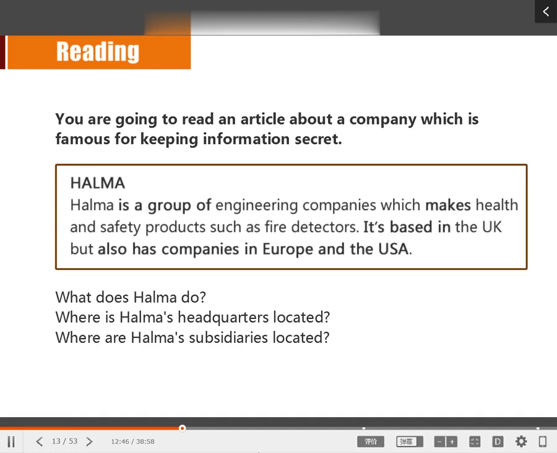Now the last question, where are Halma's subsidiaries located? Now the word subsidiaries means 分公司 okay? So Halma's subsidiaries are located in Europe and the USA, right? How do we know?